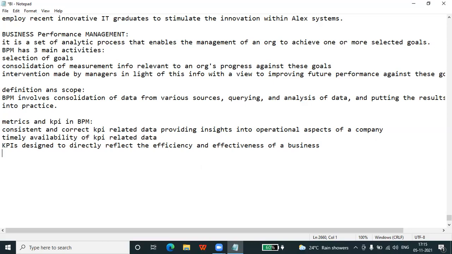Information presented in a format which aids decision making for management and decision makers. Ability to pass the patterns or trends from organized information.